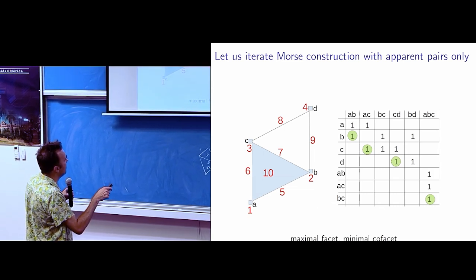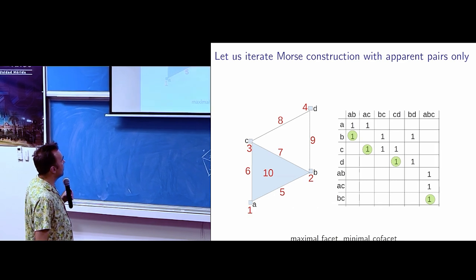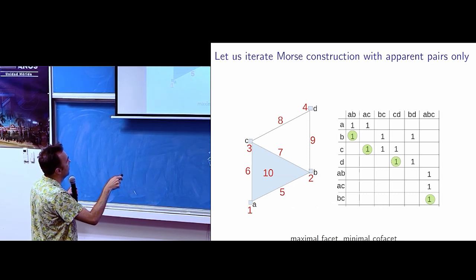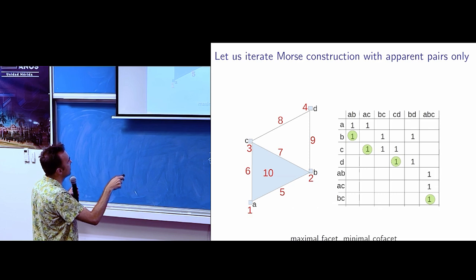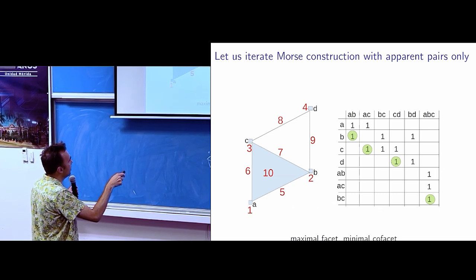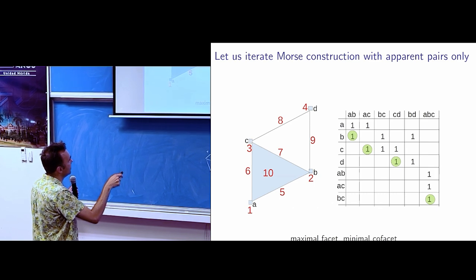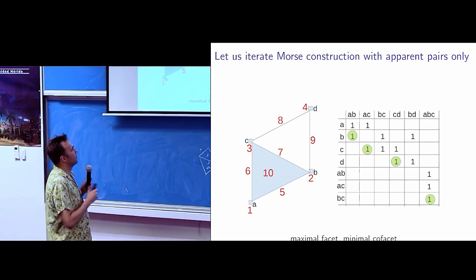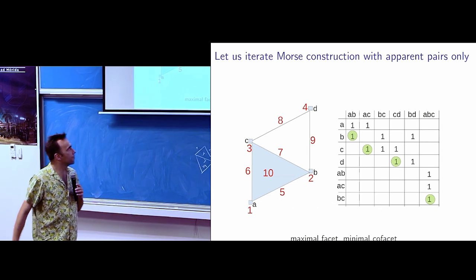So I'm saying that A, AB is an apparent pair. Why is that? Well, because A is a maximal face of AB, and AB is a minimal coface. What do I mean by that? Well, there's another element in the boundary of AB, which is A, but it appears earlier in the filtration. It's older. That's why this is an apparent pair.